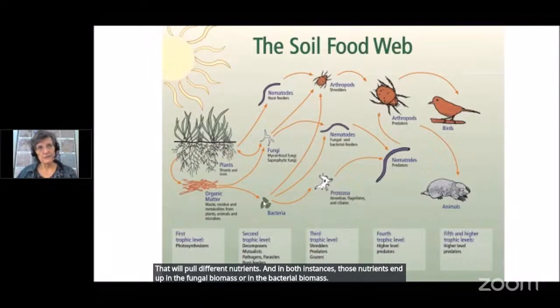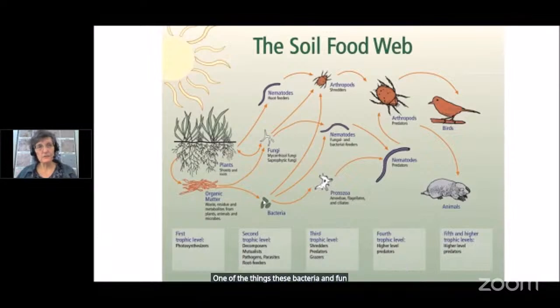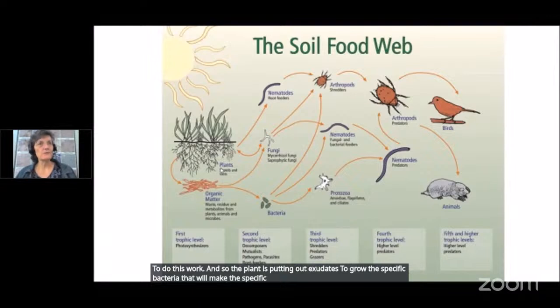One of the things these bacteria and fungi have to have is food to do this work, and so the plant is putting out exudates to grow the specific bacteria that will make the specific enzymes to pull the nutrients from the sand, the silt, the clay, the rocks, the pebbles, the organic matter.